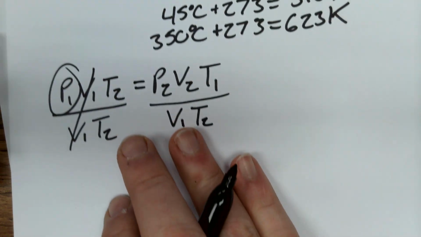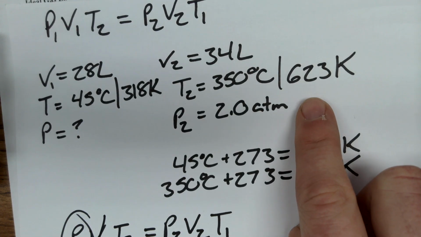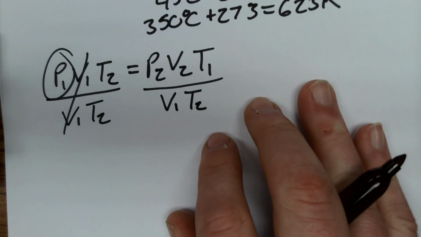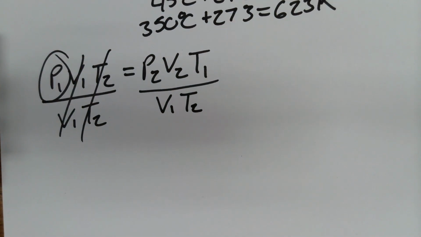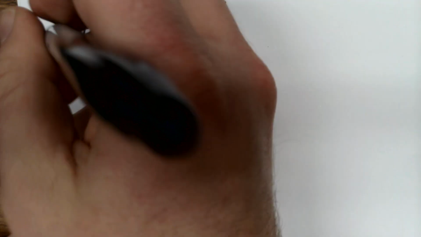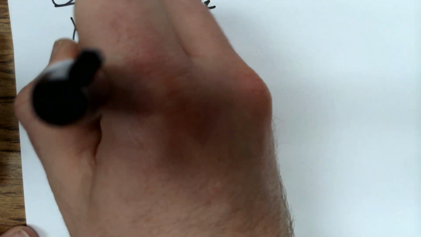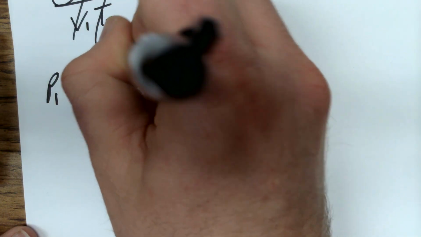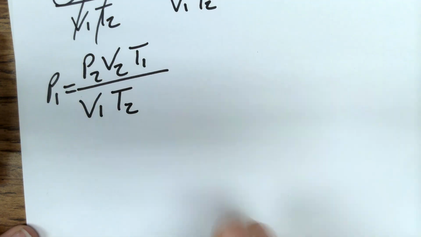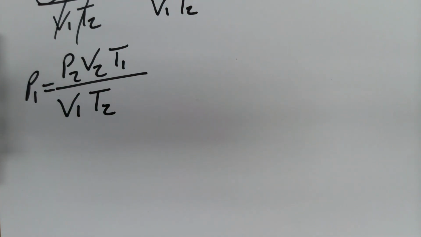Anything in the numerator and the denominator will cancel each other out. T2, 623 Kelvin. Numerator, denominator, they will cancel each other out. Therefore, my modified equation is P1 equals P2 times V2 times T1 divided by V1 times T2. That's my equation I'm going to use here.